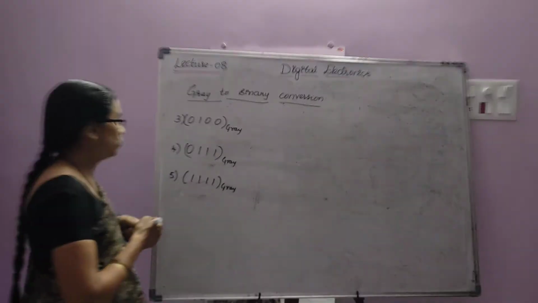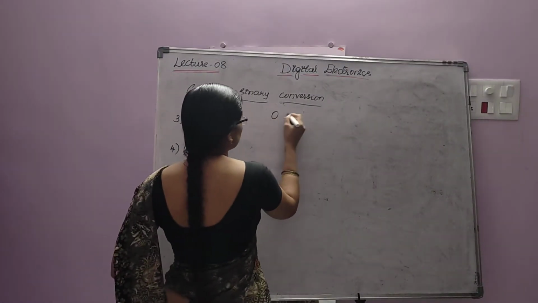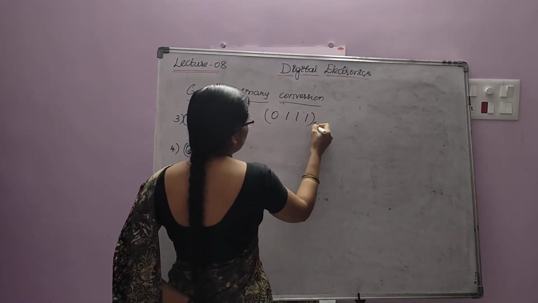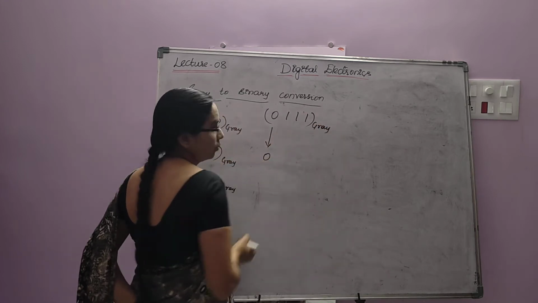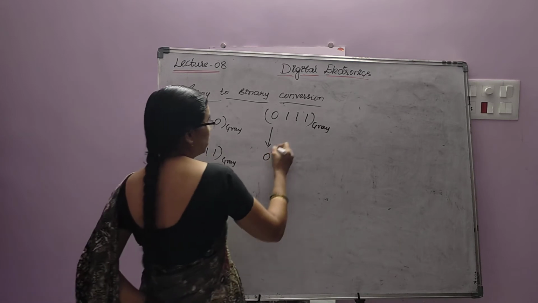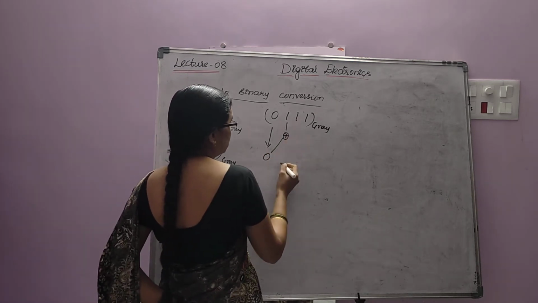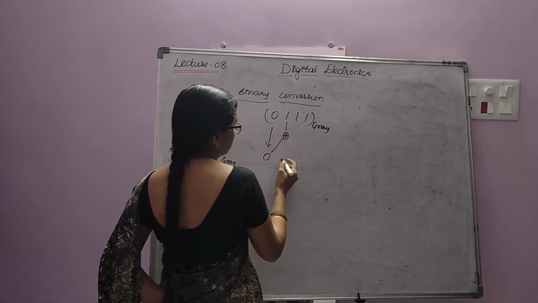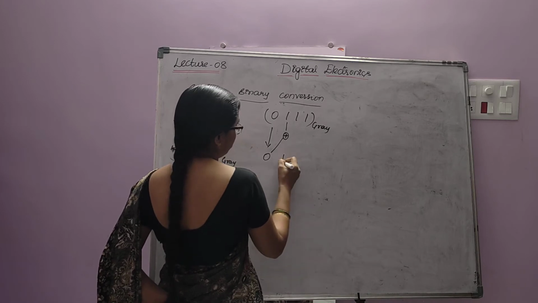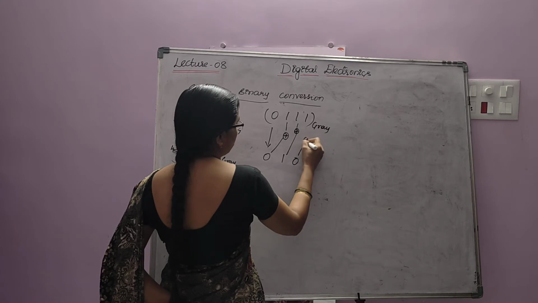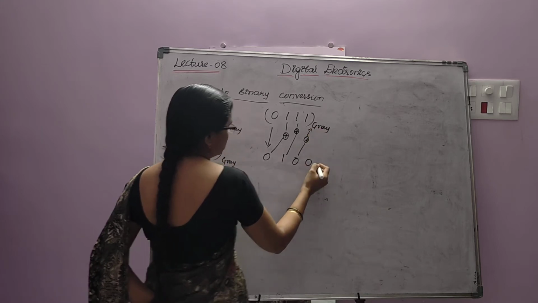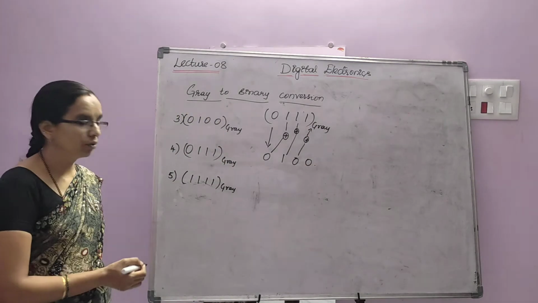Next one is 0 1 1 1 is the gray code. For 0, I'll write like that only. This 0 is XOR with the next one, that is 1. 1 XOR 1, that is 0. 1 XOR 1, that is 0. Okay.